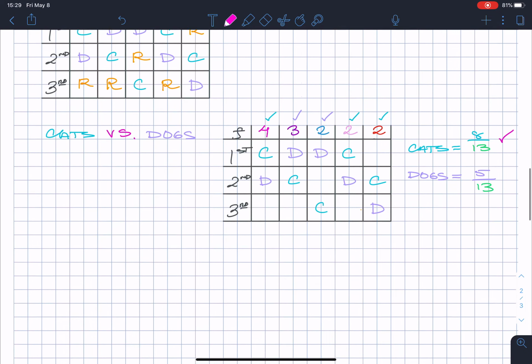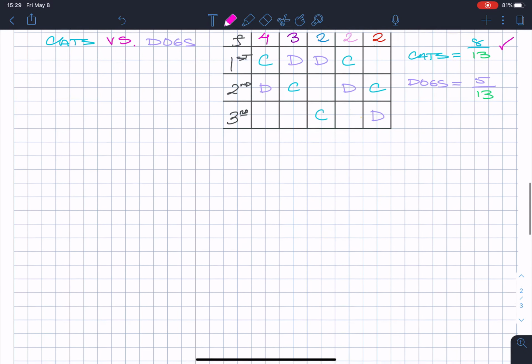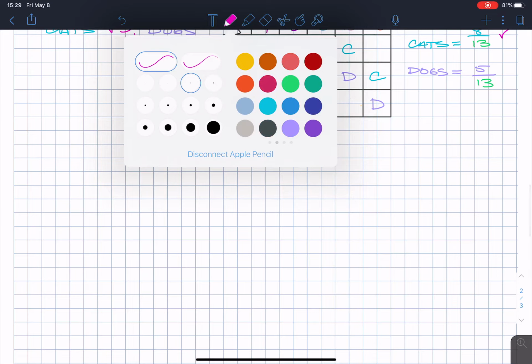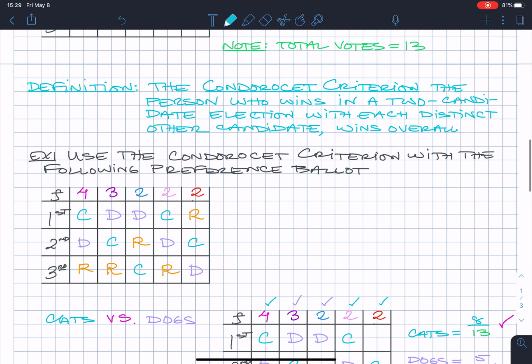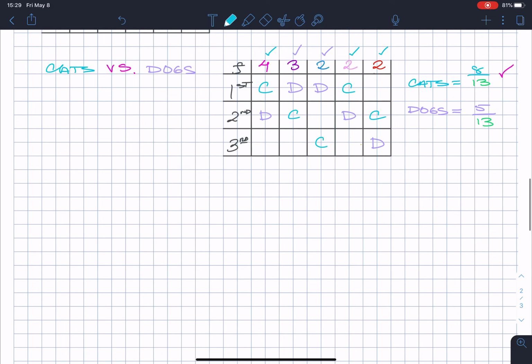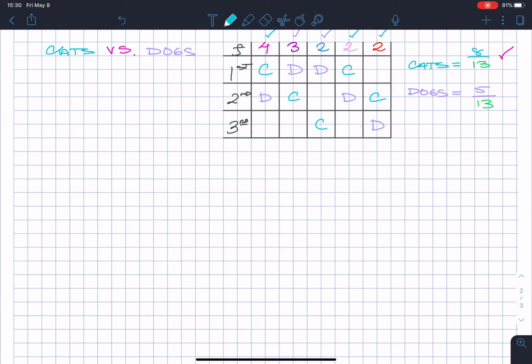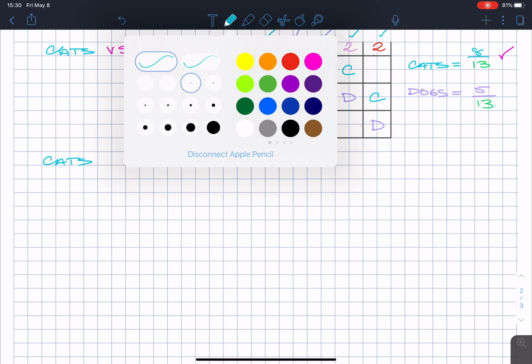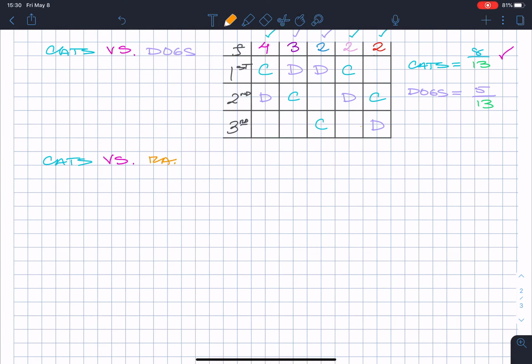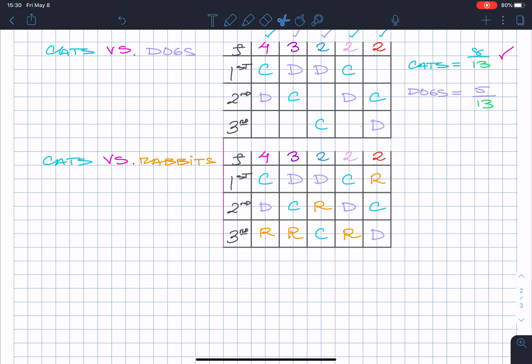So now let's see if cats win when we compare cats to rabbits, because we need to compare cats to each other candidate in the election. There's cats with dogs and cats with rabbits. So now we'll erase dogs from our frequency table.